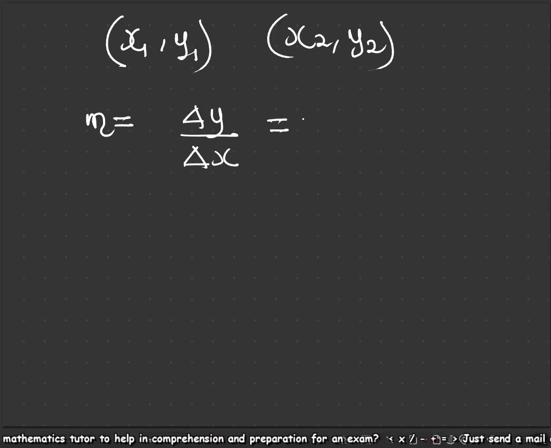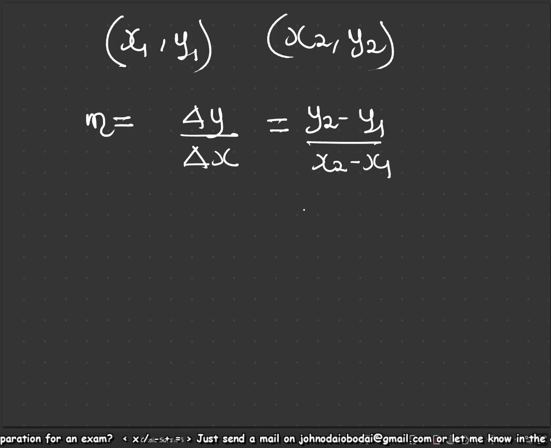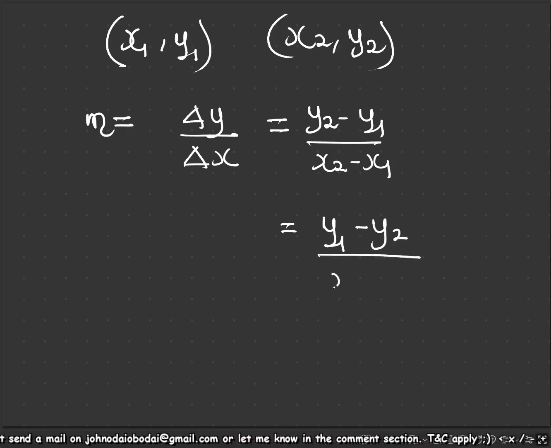And what do we mean by change in y value? It simply means find the difference between the y values. That is y2 minus y1 all over x2 minus x1. You can also write it as y1 minus y2 all over x1 minus x2.